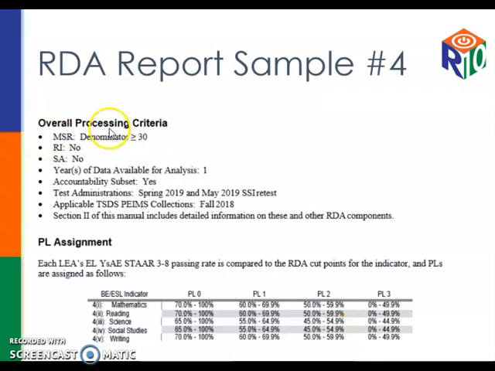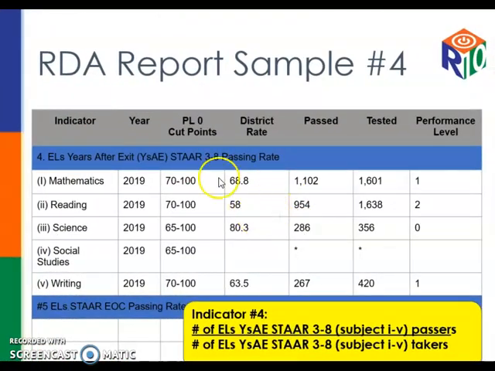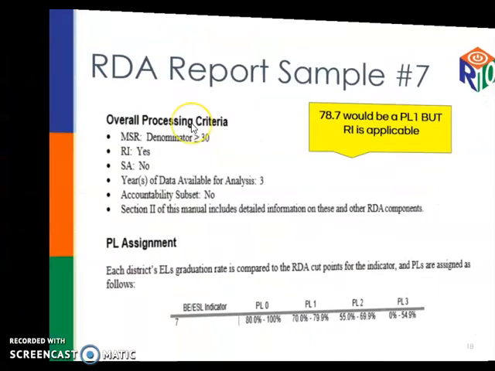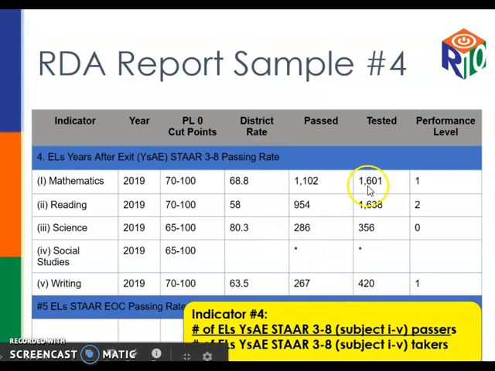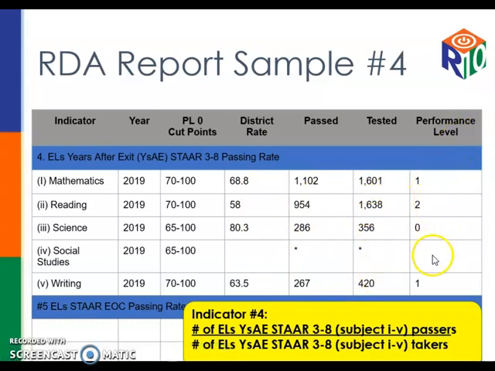So again, for all of these components, you have some information that will help guide you to understand the results of this report. Again, the cut point range is right here, and this is for a PL of 0. You have the year, the content, the district rate, the number of students who passed, the number of students who tested, and then the assigned performance levels.